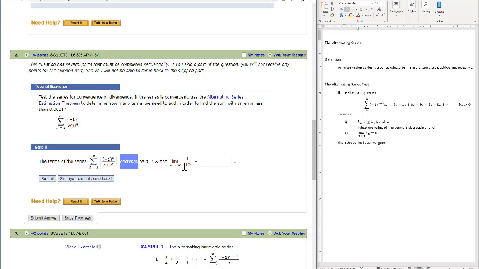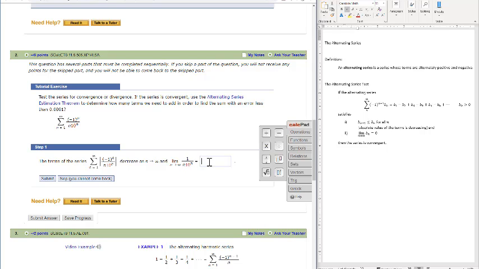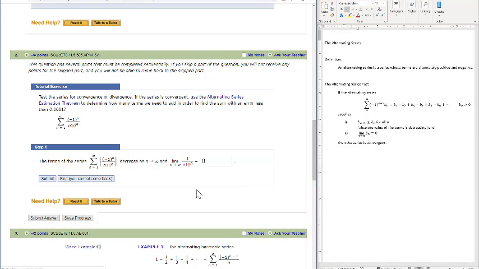Furthermore, if we take the limit as n goes to infinity, we have 1 divided by infinity times 10 to the infinity, so that's going to approach 0, and that would satisfy our alternating series test for convergence.